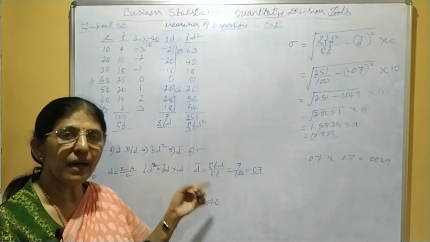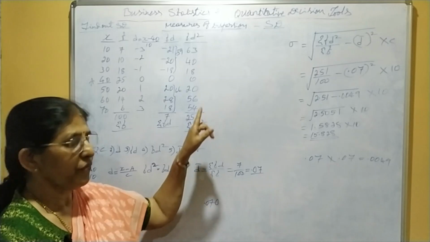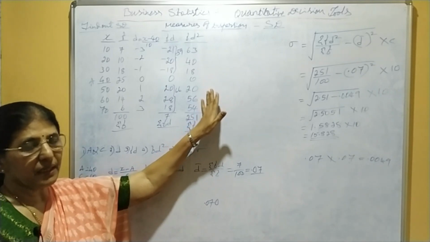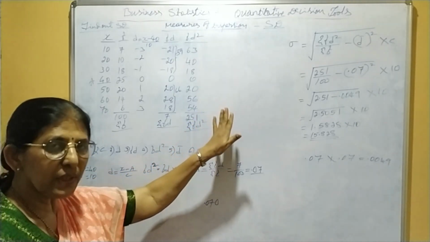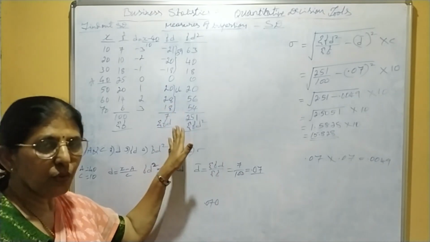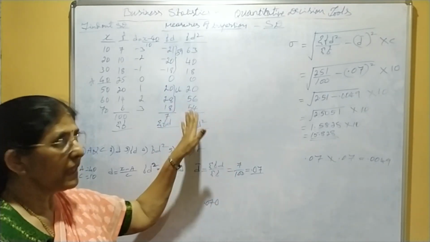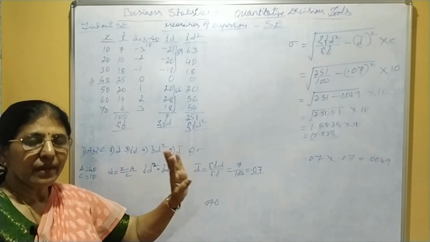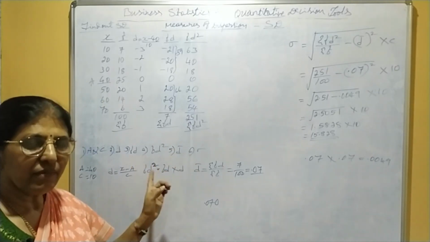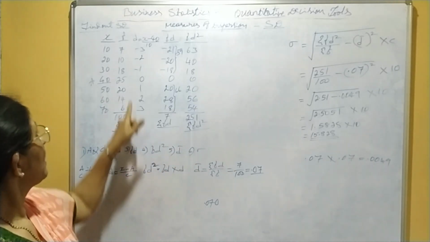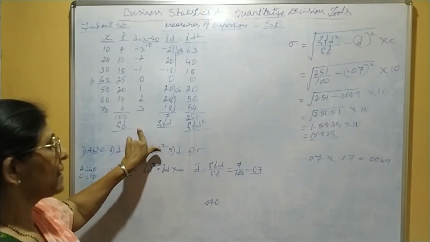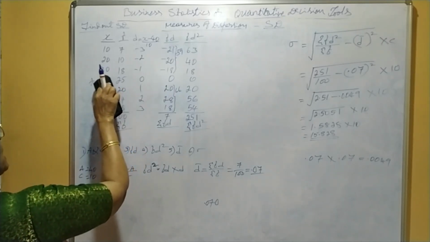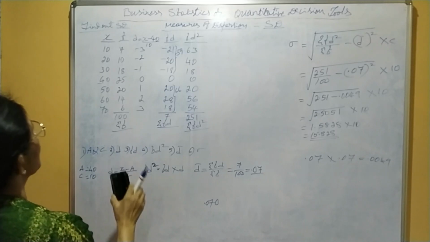There we need x bar and standard deviation to find out coefficient of variation for 2 different sets of data. Here I am just introducing how to calculate standard deviation under grouped data and ungrouped data, again under grouped data, under discrete series and continuous series. Now, in the previous video, I covered ungrouped data. Now, it is grouped data, discrete series. Now, if it is continuous series, now I will make a little alteration in the same problem. Okay.